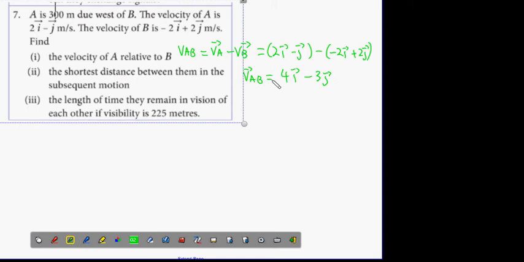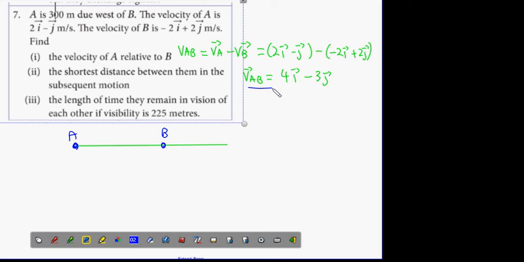There we go. Now, find the shortest distance between them on their subsequent motion. So what we're going to have here is them displaced. A is due west of B. Now guys, which one of them is deemed to be stationary when we're talking about v_AB?